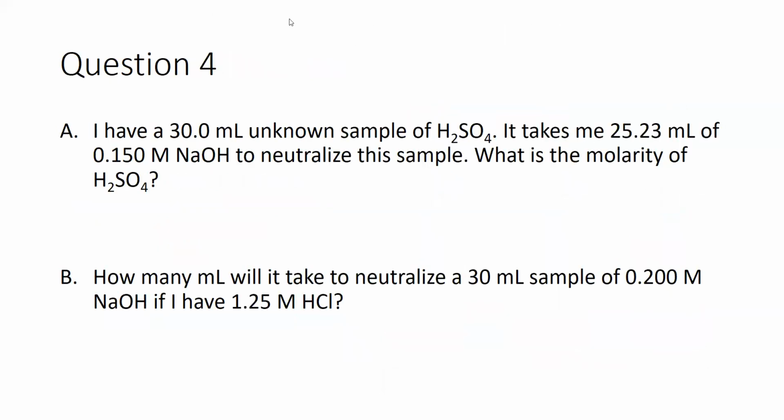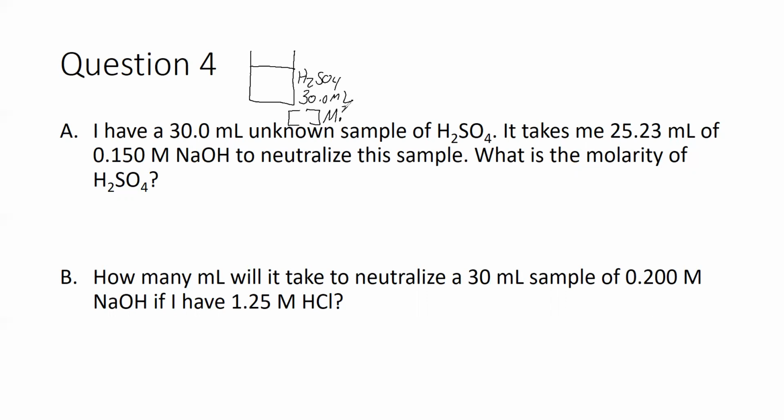I'm going to draw the picture for us because I think pictures really help here. So I have a flask. This flask has the acid H2SO4. And I know there's 30 mL of this, but I don't know the concentration. I don't know the molarity of this acid.